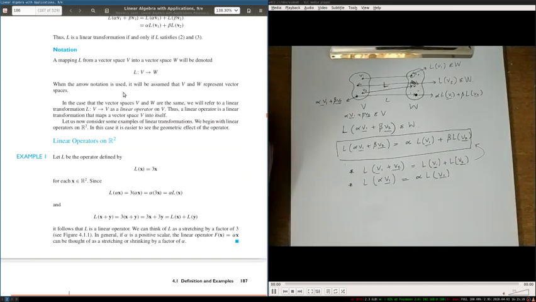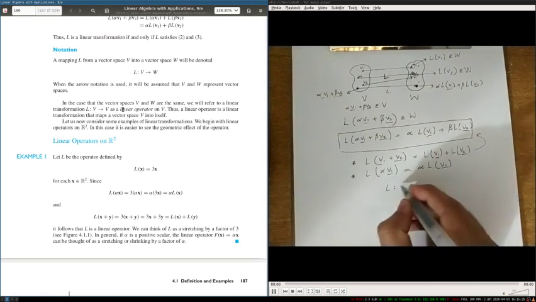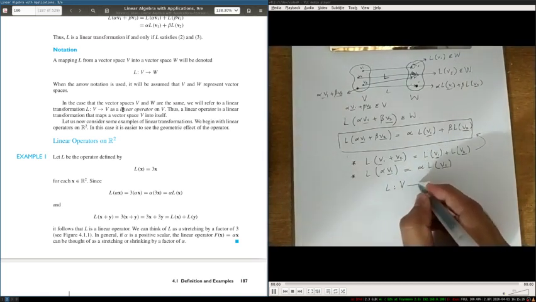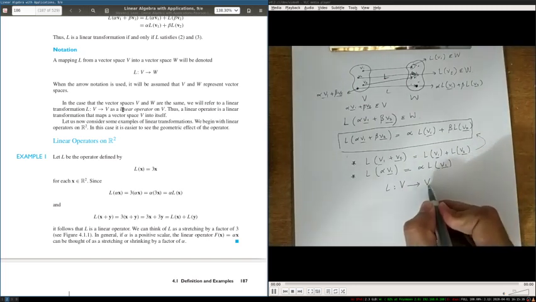In the case that the vector spaces V and W are the same, we will refer to a linear transformation as a linear operator. So if you have L that takes vectors from the same space into some other vector, not necessarily the same vector, but some other vector but in the same space.